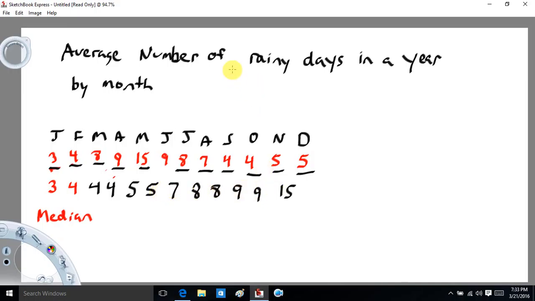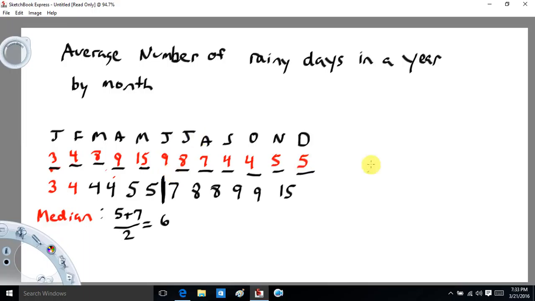The median is the middle number. Okay, it's the midpoint of the distribution. So half of the observations will be on this side and half will be on that side. So since half of 12 is 6, okay, there's not a single number here. We have to take the average of these two. So here the median would be 5 plus 7 over 2, which is 6.